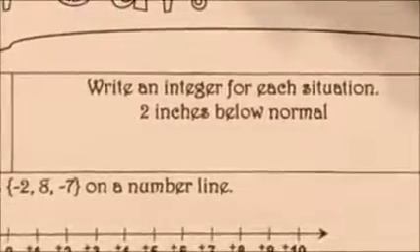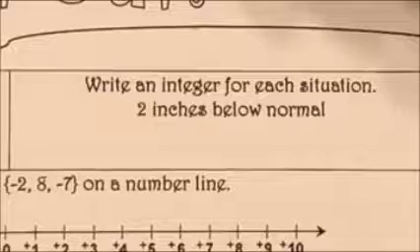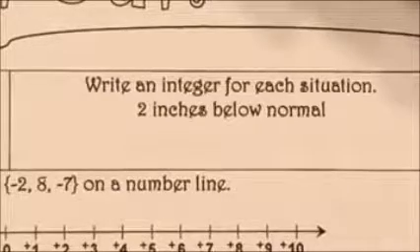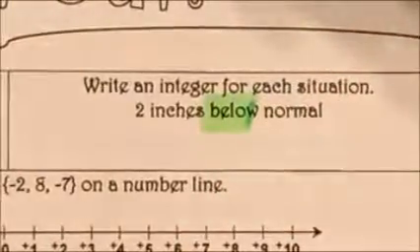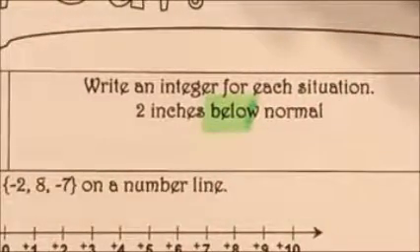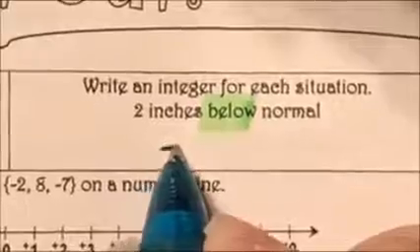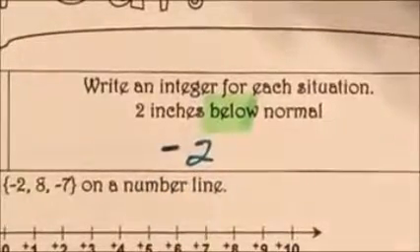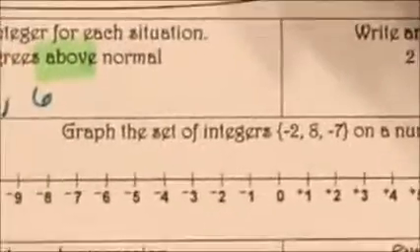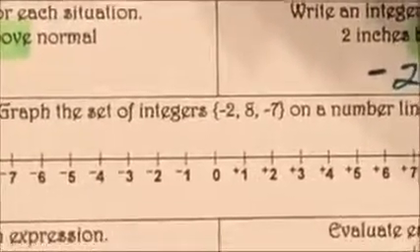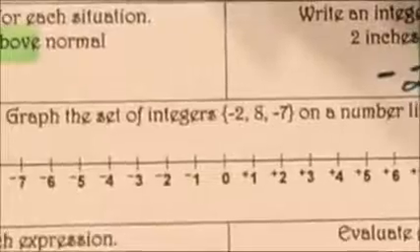The next one I have is write an integer for each situation, 2 inches below normal. So again, below is my keyword. Below tells me it's less than 0. So I'm going to write minus 2.